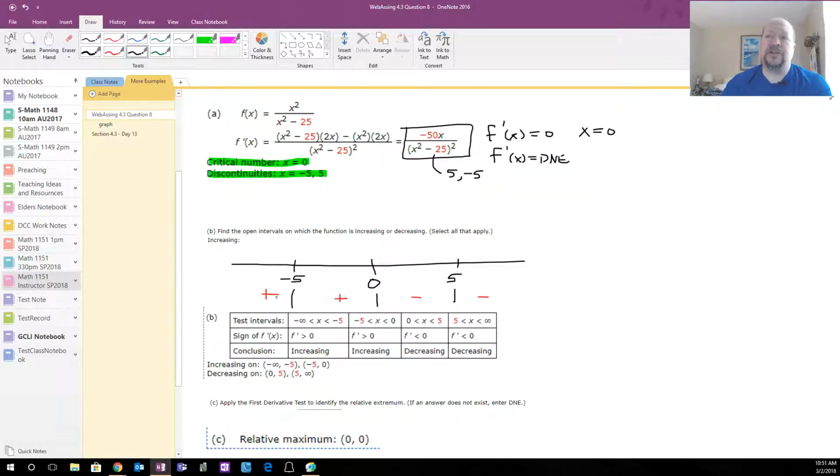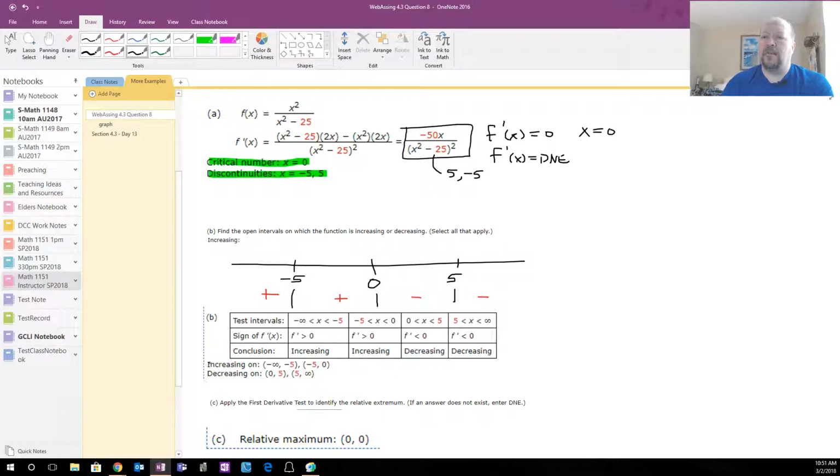I know it didn't change sign there, but it is possible for a function to change sign at a discontinuity. Then between 0 and 5, the first derivative is negative, and from 5 to infinity, it's still negative. So we have positive, positive, negative, negative.